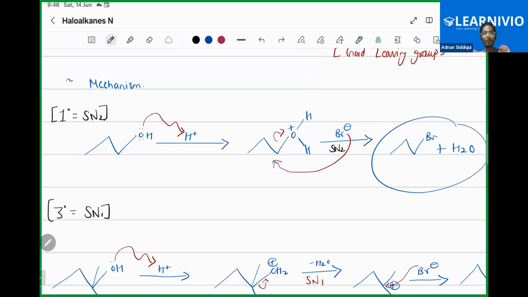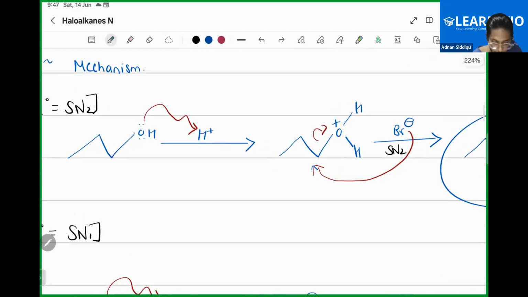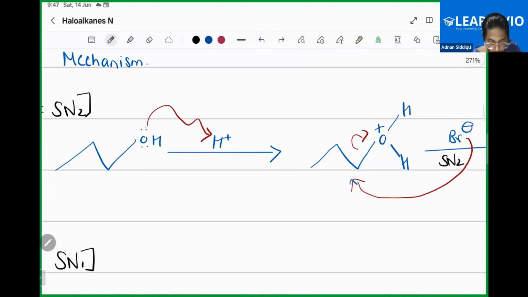Now, try to remember always, if an atom is giving its own lone pair. Try to see here. Oxygen has how many lone pairs? Four electrons and two lone pairs. Now, this is a lone pair and it has some electron density, right?